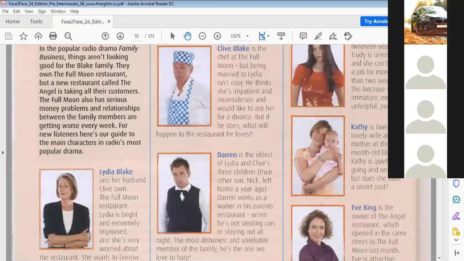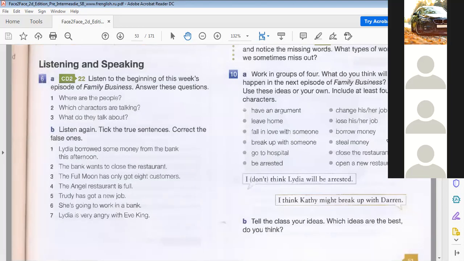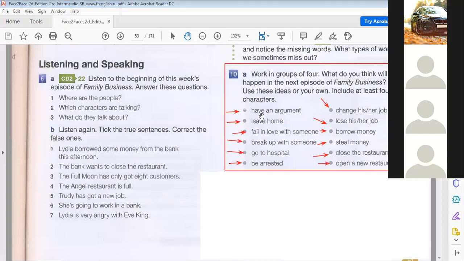So what do you think will happen, Manal? Kathy break with her husband. Okay, so in the next episode, Kathy will break up with Darren. Okay. What else? What other things will happen?